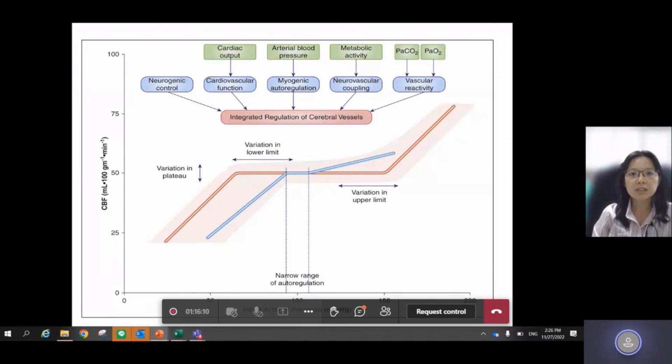And for the cerebral blood, our blood vessel diameter and flow could be affected by neurogenic control, cardiovascular function, myogenic autoregulation, neurovascular coupling, and vascular reactivity. So we need to adjust our clinical practice to maintain adequate cerebral flow to have the best neurocognitive outcomes after the cardiac surgery.